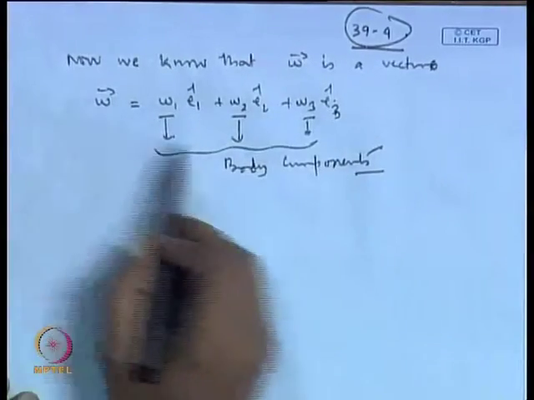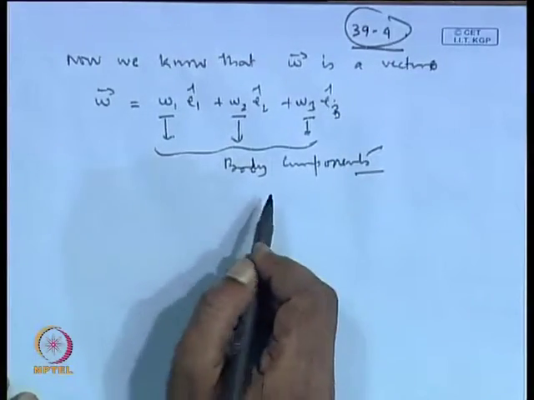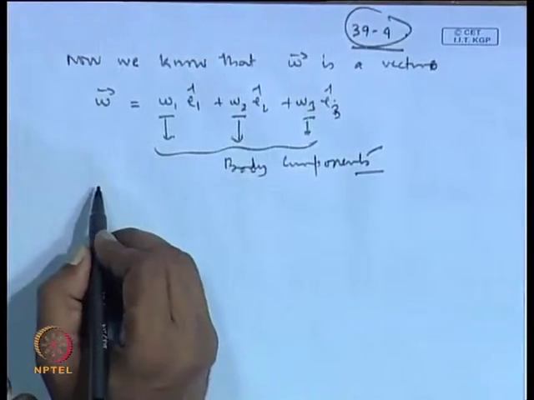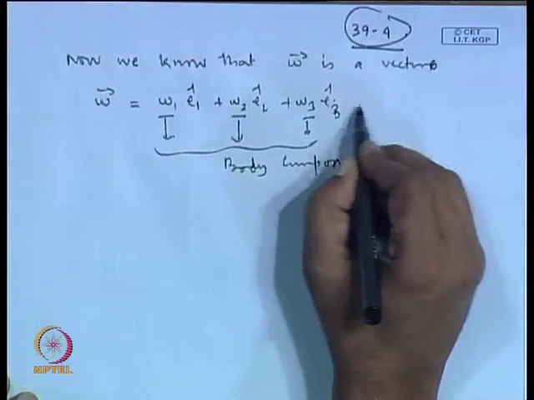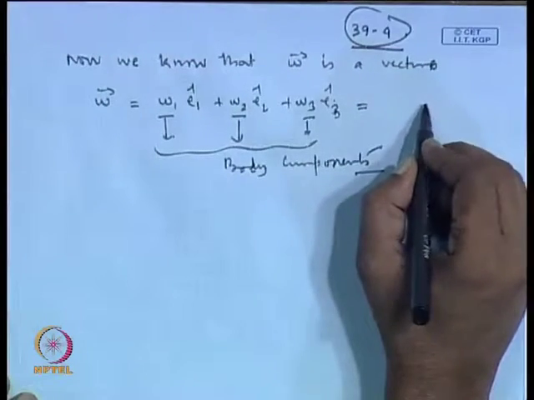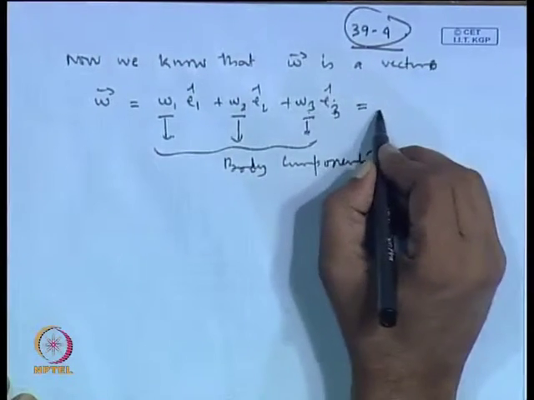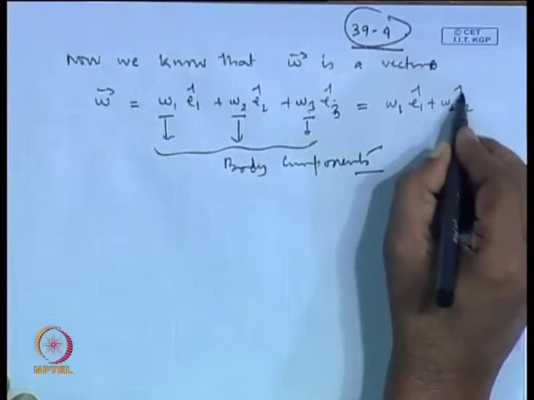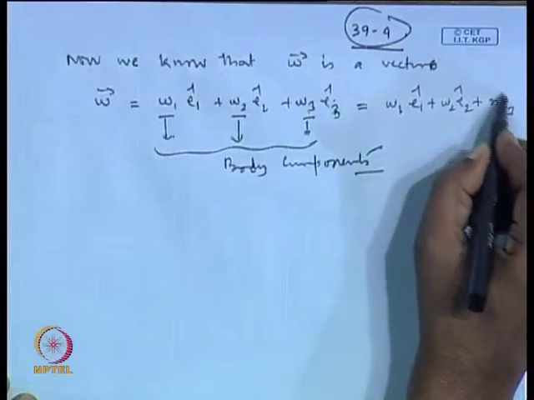The components of omega are along the body axis. And what we are getting is that omega 3 is a constant. So, we will have omega 1 E 1 cap plus omega 2 E 2 cap plus n E 3 cap.